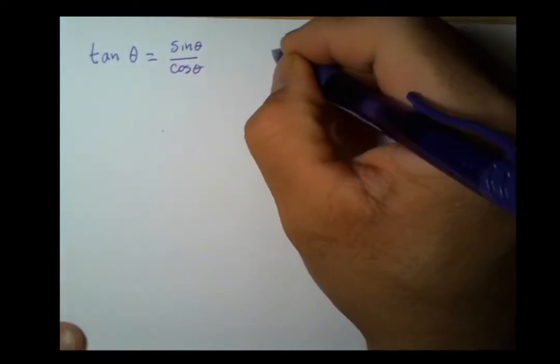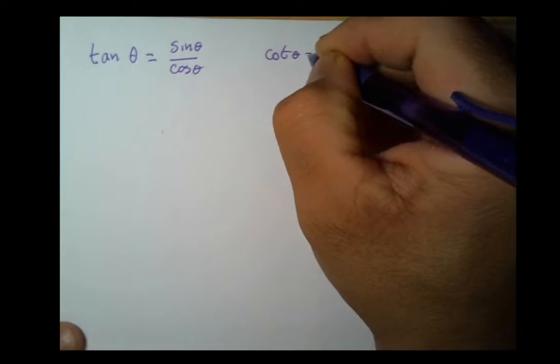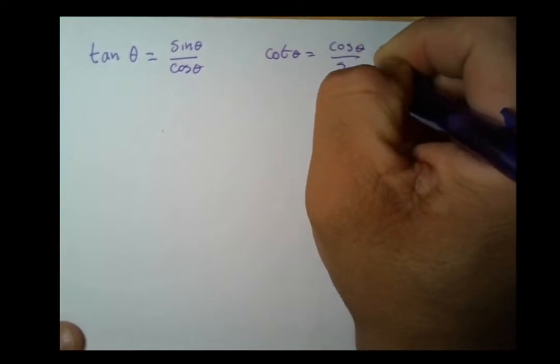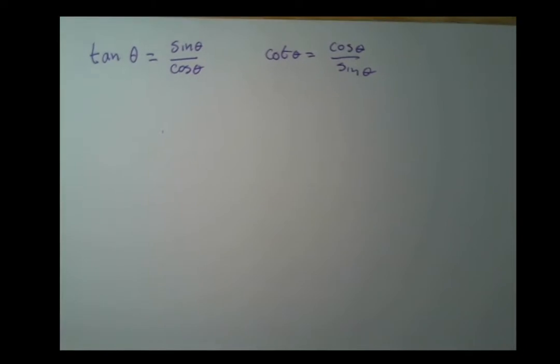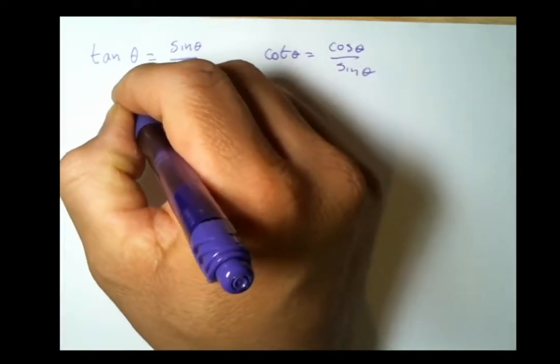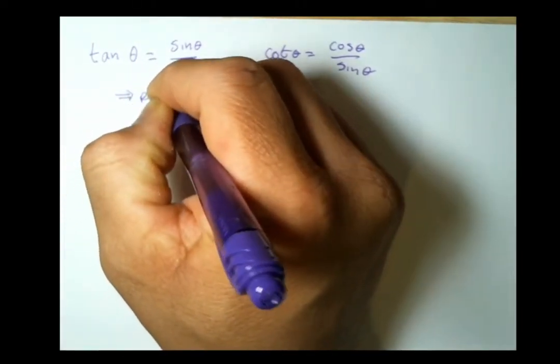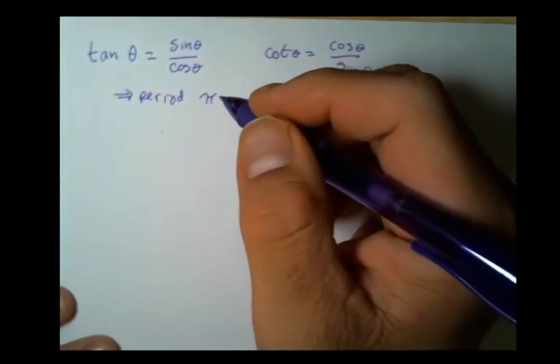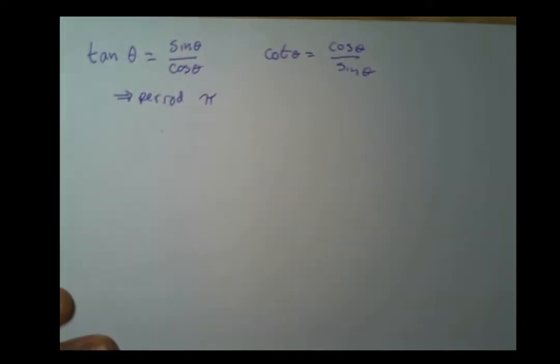And the cotangent is the reciprocal function. So we have cosine theta over sine theta. And again, these are periodic functions, right? They have a period of pi. Okay. Now, we're going to learn to graph the basic functions using the unit circle.